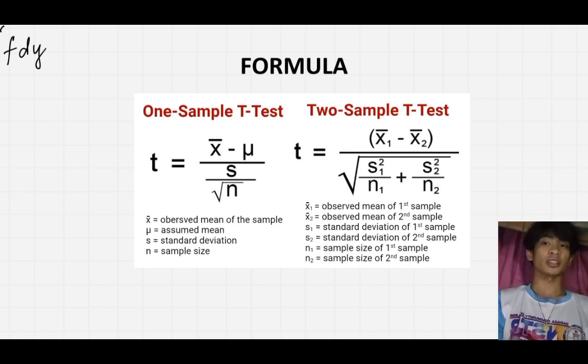For the two sample t-test, t is equal to the observed mean of the first sample minus the observed mean of the second sample over the square root of the standard deviation of the first sample squared divided by the sample size of the first sample, plus the standard deviation of the second sample squared divided by the sample size of the second sample.